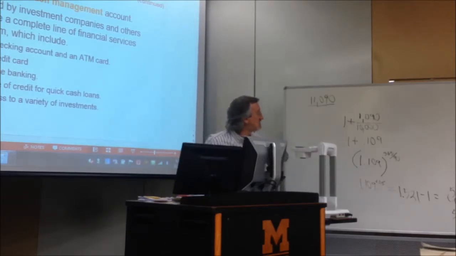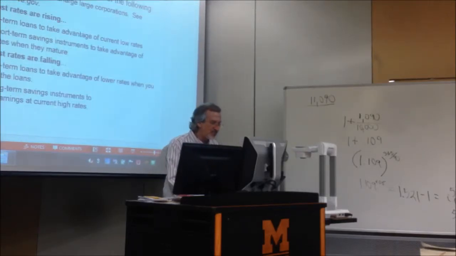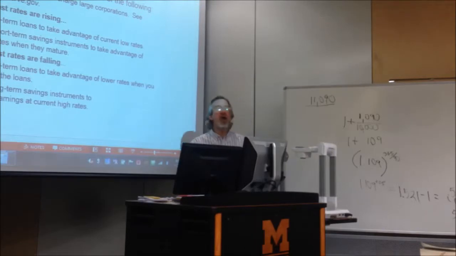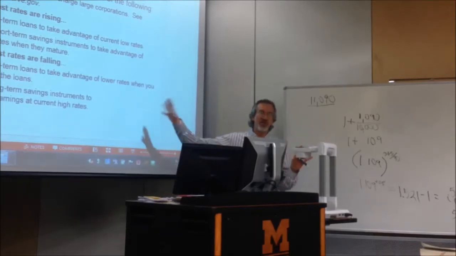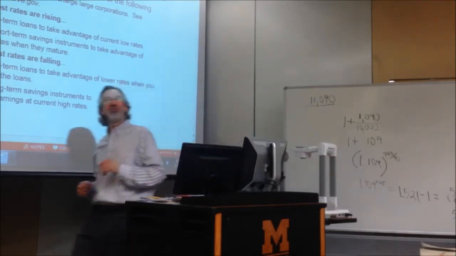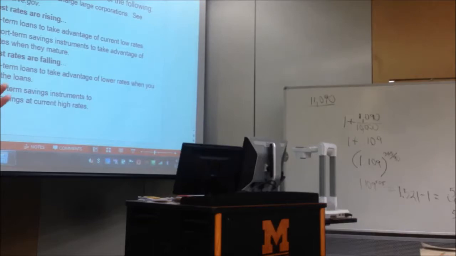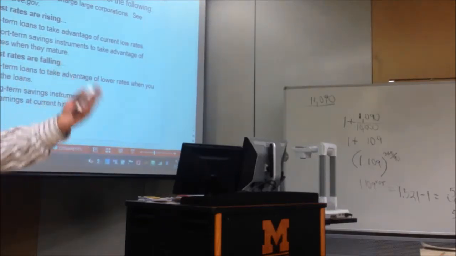We're going to make decisions based on interest rates, which is slide 7. You have a question in your future for sure about this, because this is pretty important. If I said to you right now, hey, interest rates have been changing lately since this class started, and it looks like our future has interest rates changing.